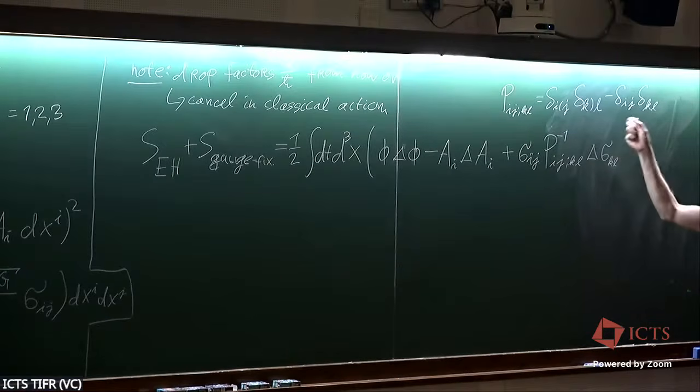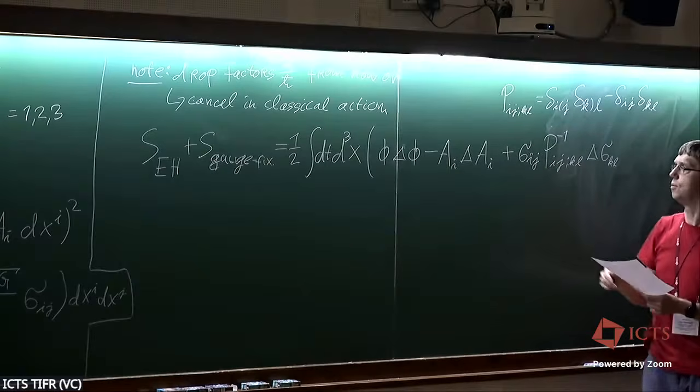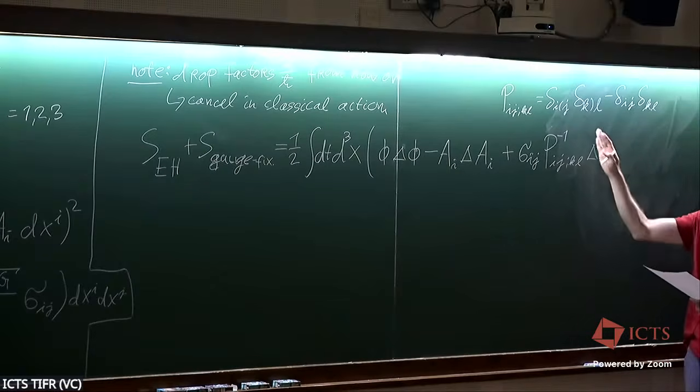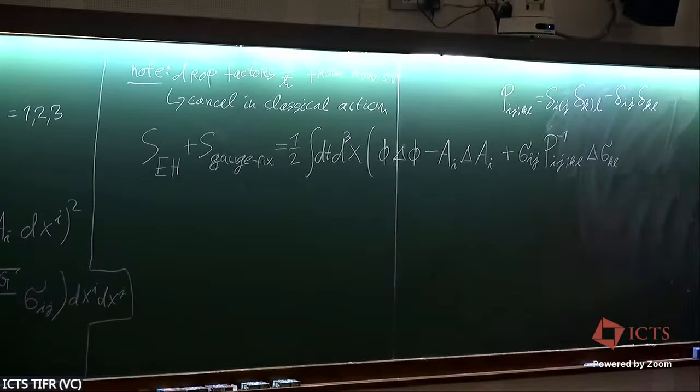But one can work it out still quite straightforwardly. But this guy then will appear in the propagator, right? Because the propagator kind of is the inverse of whatever is here between the fields. Okay, so those will give us the propagators.